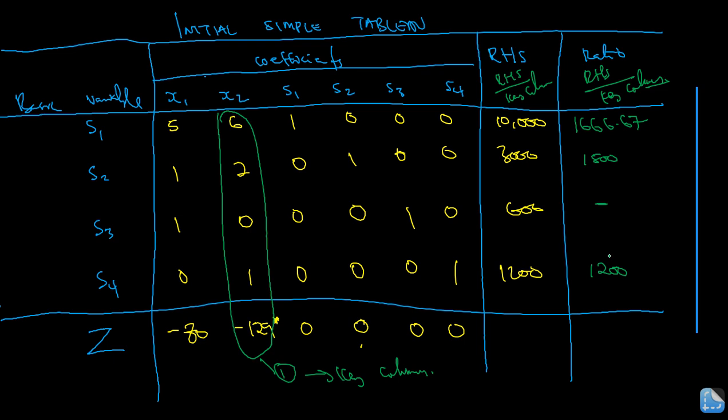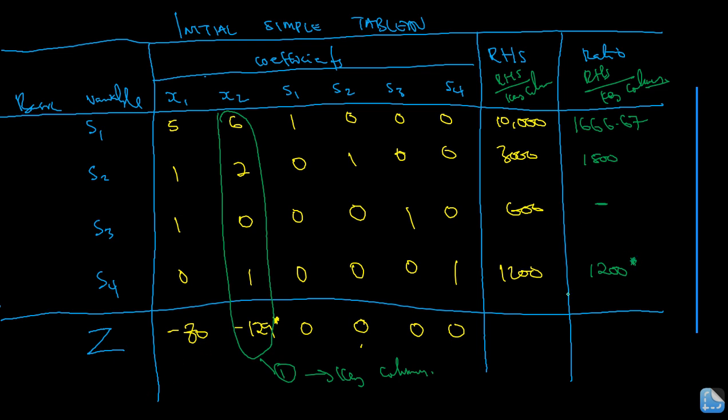Anything 0 or below, negative or 0, we don't consider as our key ratios. Our interest here is the smallest positive ratio, the closest to 0 but not 0 itself. So here we can notice that 1,200 is our smallest.